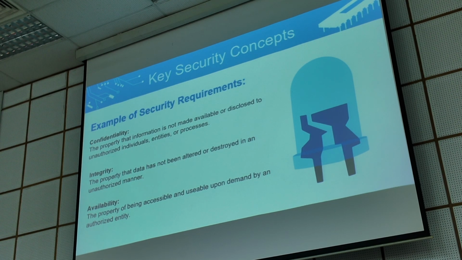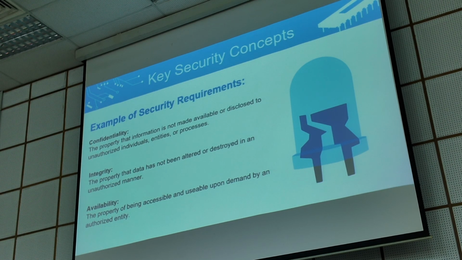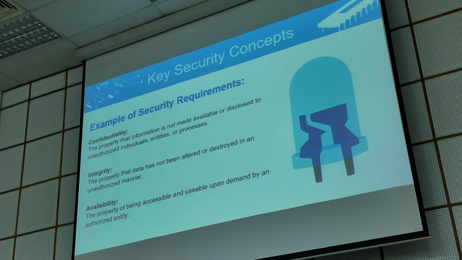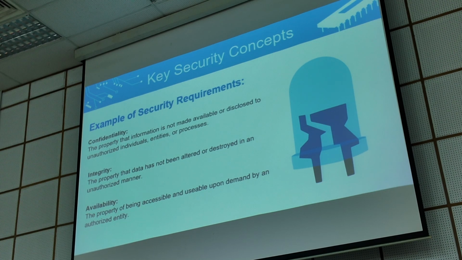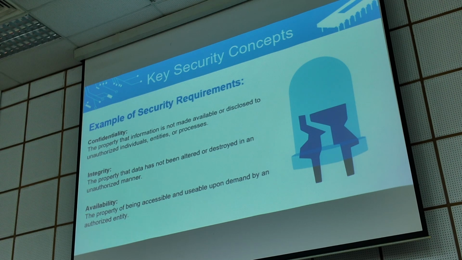For example, have you heard of DoS, denial of service? Once a DoS attack happens, the system is totally down. How do you make sure the system is still available to the user, although it has been attacked? So these are the three key security concepts.